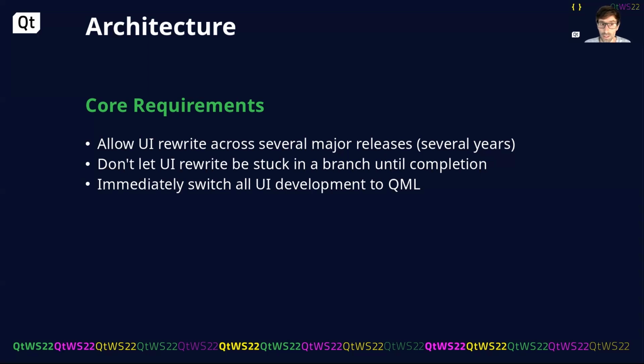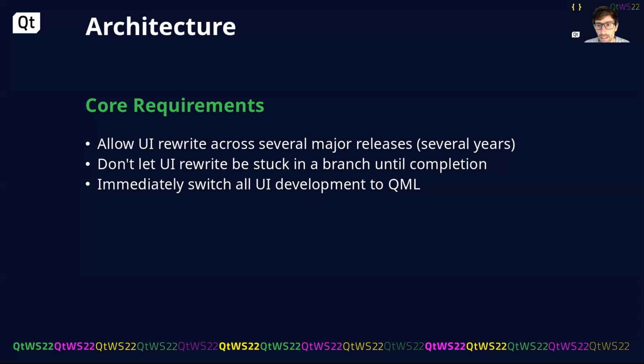Another thing is that we actually want to immediately switch all UI development to QML. So what we did not want to do was, let's say that we have a path where we say 3 years from now, or even 2 years from now, we're going to let this integration hit the main line, hit our main branch. That would mean that for the next 2 years, everybody writing UI code knows that this is something that will have to be converted immediately afterwards.